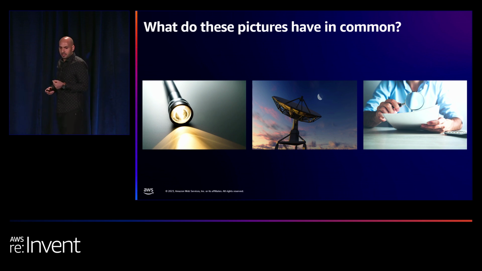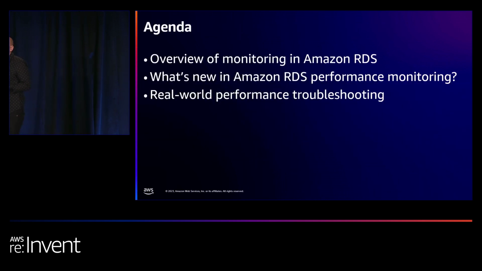Let's go to the agenda. We are going to start out slowly by setting some context, telling you a little bit about Amazon RDS, and then we will dive deeper into the various monitoring services and tools that help you overcome database performance challenges. In the second part, Maxim will show you some of the latest innovation when it comes to database performance diagnostics and troubleshooting in Amazon RDS.